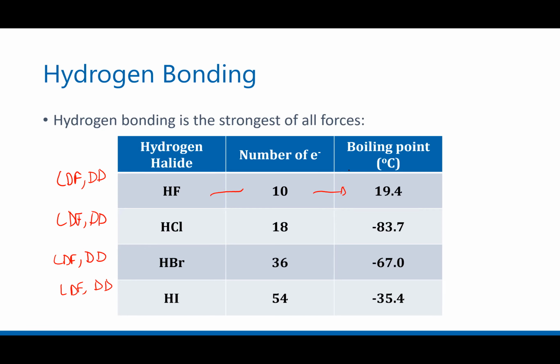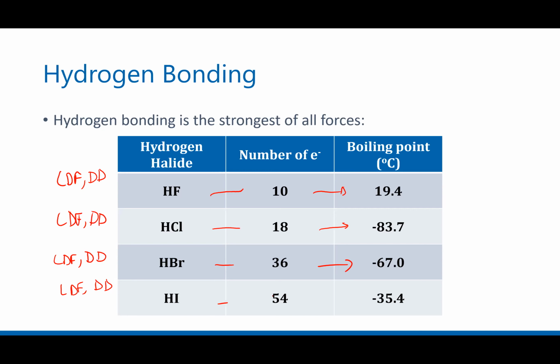Not a lot, but look what's going to happen in a second. Hydrochloric acid has 18 electrons. That boiling point is negative 84. So something weird is happening because I have just increased my number of electrons, but the boiling point dropped. That should not happen using our earlier discussion, London dispersion wise.